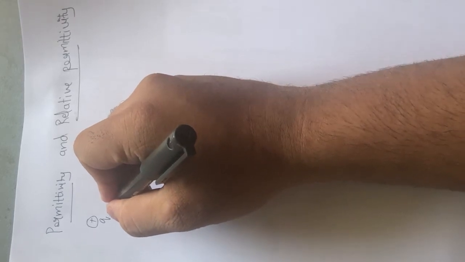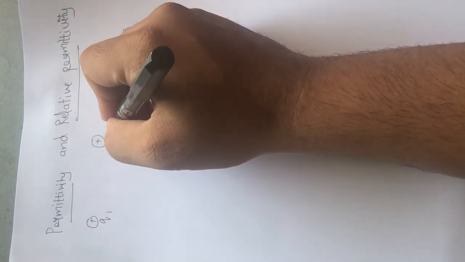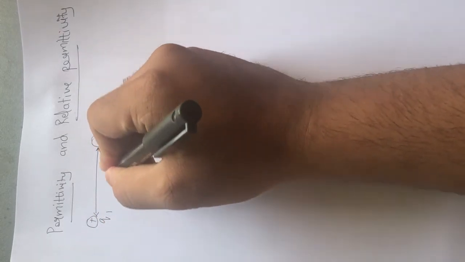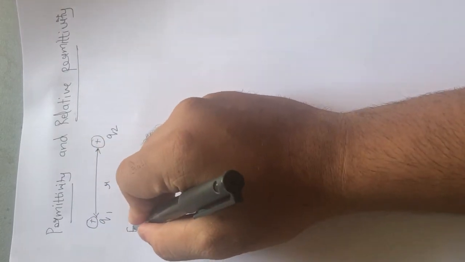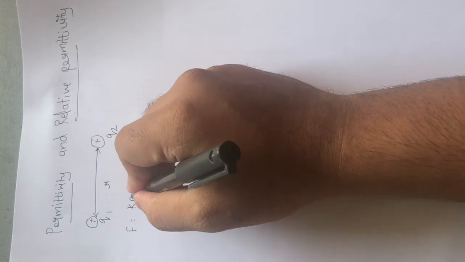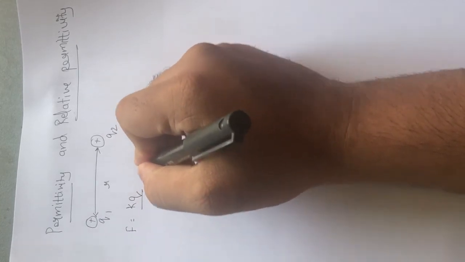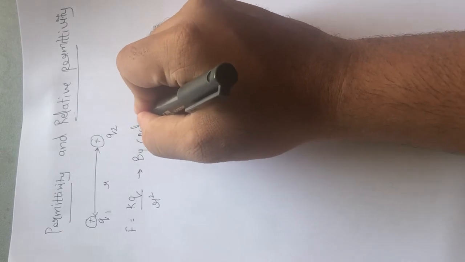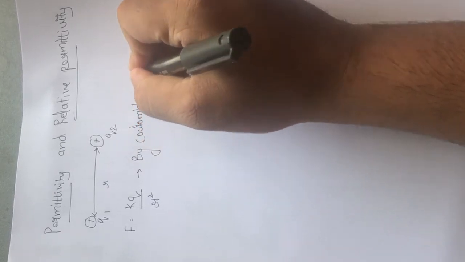Again, if I consider two charges q1 and q2, both positive in nature, at a certain distance apart, we name it r. Now with Coulomb's law, you already know the formula is F equal to kq by r square.